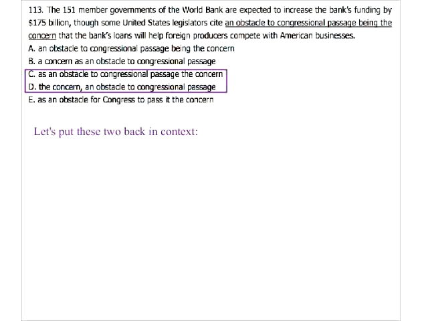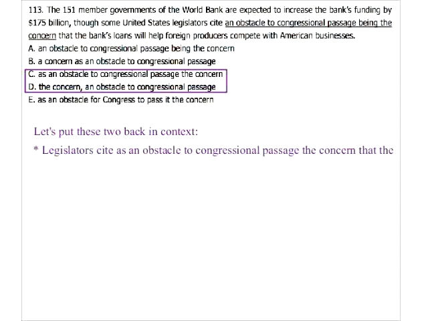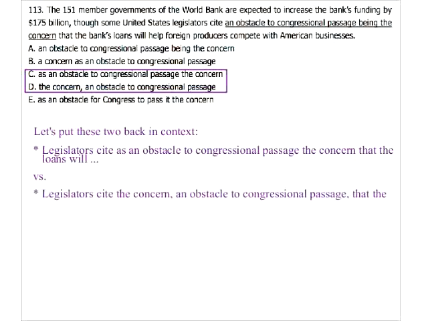So: legislators cite as an obstacle to congressional passage the concern that the loans will blah, blah, blah, versus: legislators cite the concern, an obstacle to congressional passage, that the loans will blah, blah, blah.